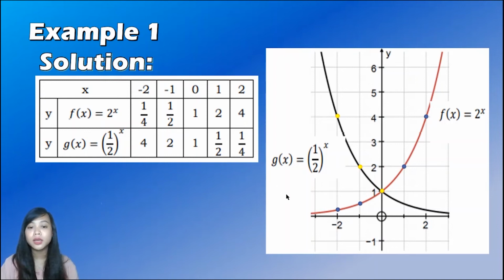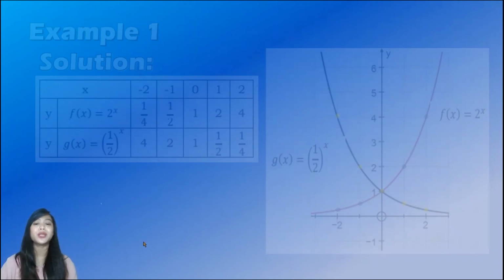Then for x we have 1, then 1/2 for y, for g of x. So we have this point. And last, we have 2 for x and 1/4 for our y or g of x. So we have this point. So this black smooth curve is the graph of your g of x, which is equal to 1/2 raised to x.